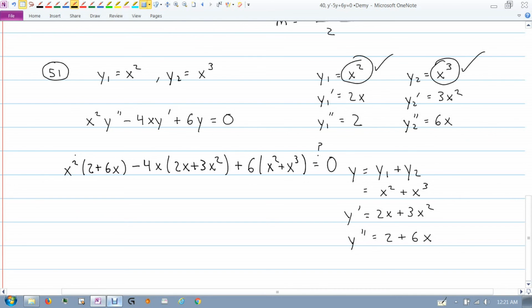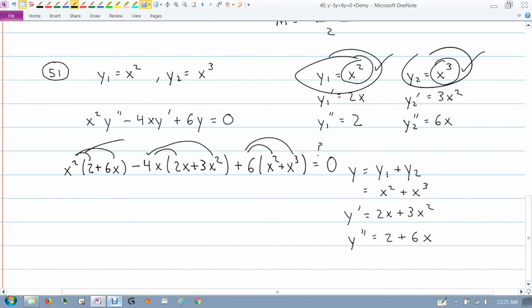You should recognize that if you distribute, the first part is the same as the work we did for that one, and that came out to be 0. And then the second part is the same work that we did for this one, so those add up to be 0. So you can check it yourself by distributing, but it should work. So therefore the answer is yes.